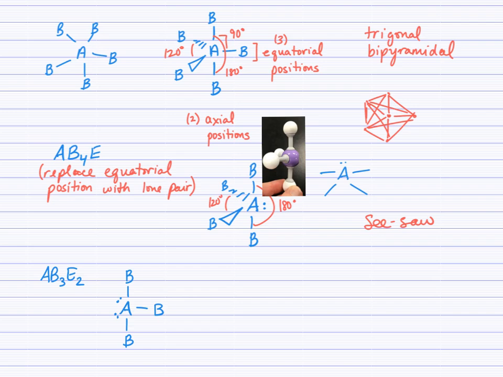So this bond angle is 90 degrees here, and this bond angle from here to here is 180 degrees. This sets up, if you can view it, I'll twist this on its side so you can see the bonds that are in the same plane. And can you see how this essentially forms a T? So this is called T-shape.